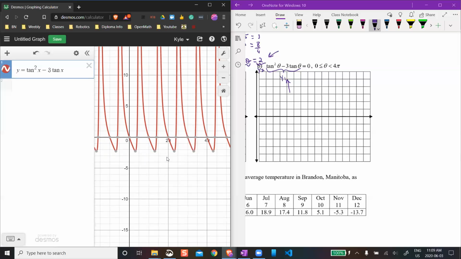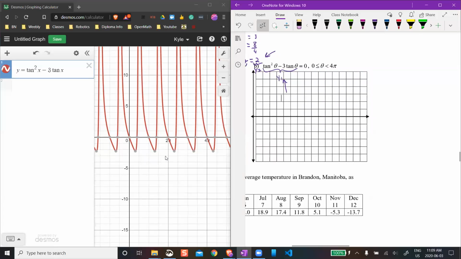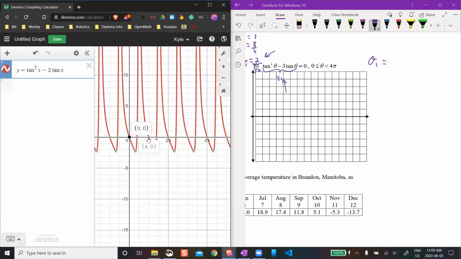So I could write them all down. That would be true, but we like to write them a bit more mathy. So here, this is the way we're going to do it. We're going to say angle theta 1 will be equal to, let's do this one first, because we can see if we just skip this middle one, you've got 0, and then pi, and then 2 pi, and then 3 pi, and then 4 pi, right?